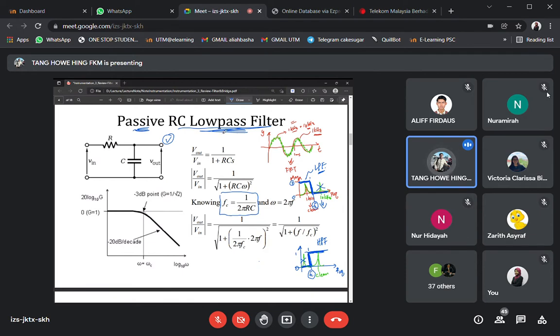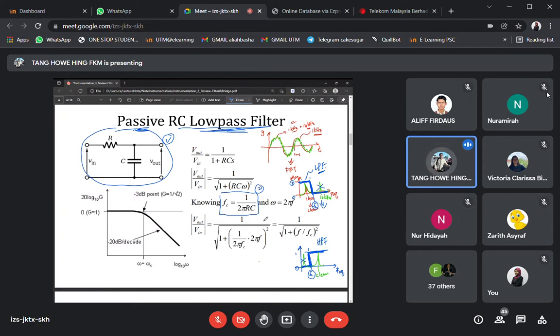If you are using this type of low-pass filter, what you need to memorize is, first, the circuit diagram, and secondly, the cut-off frequency function.